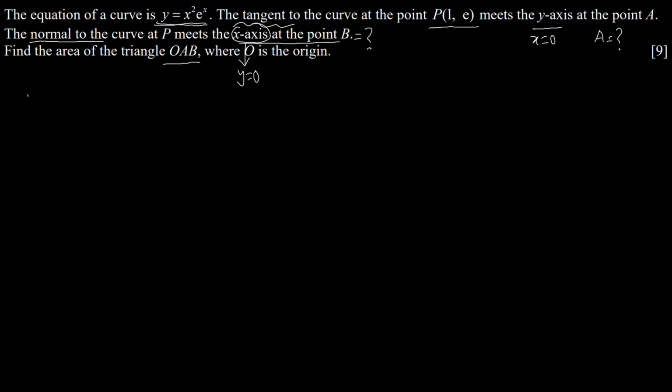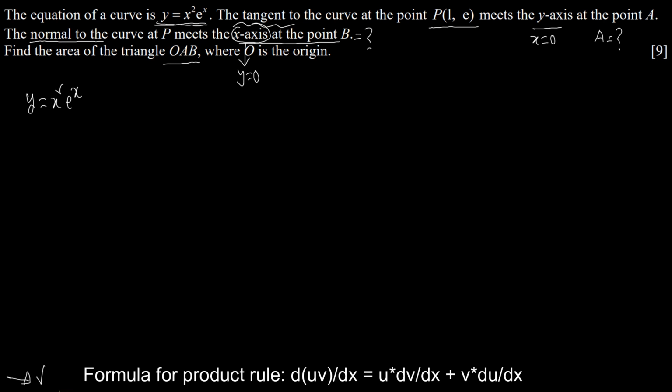So let me write the equation: y equals x squared e to the power x. We need to apply the product rule here. Let me write dy by dx, which is d by dx of x squared e to the power x.